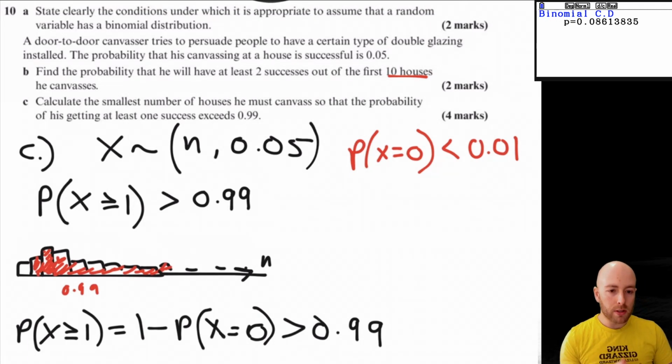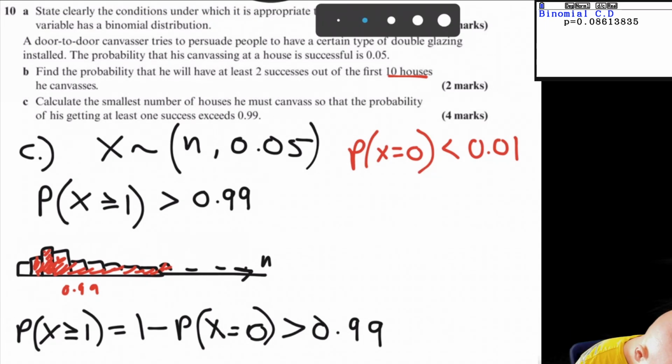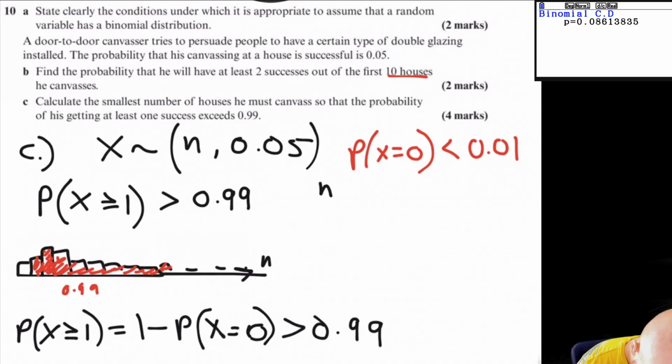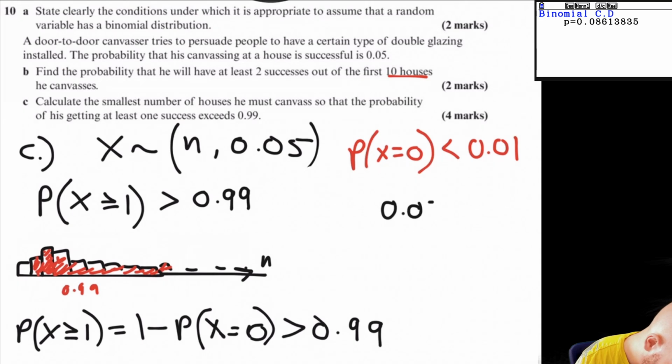Okay, now to do that, we're going to do it as I gave you in the hint. We're going to do it kind of manually. All right, so the probability of success is 0.05.